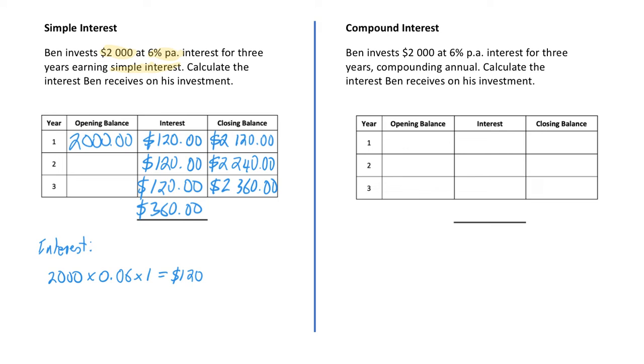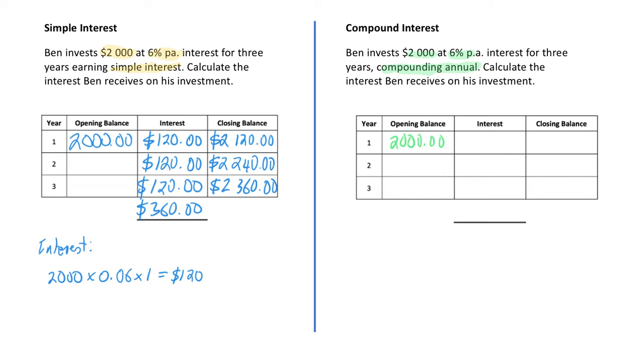Now we're going to have a look at if the interest was being compounded annually. So that means once a year it's compounding, so once a year that principal balance is going to be updated. He's still starting off with $2,000 and he's still earning 6% per annum, but this time it's compounding annually. So let's have a look to see how that's going to impact his calculation.